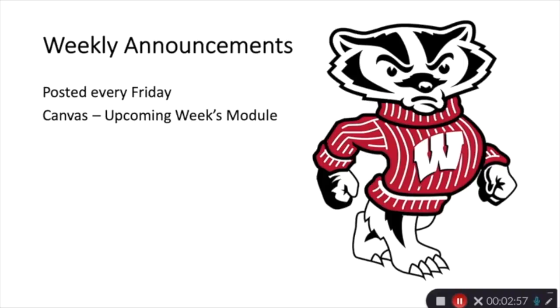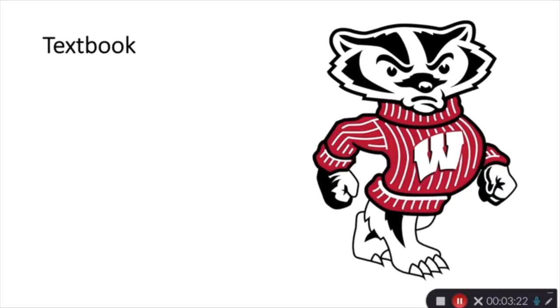You will see them posted every Friday in that upcoming week's module. Now, these weekly announcements are required reading for you to be successful in this course. There's going to be information regarding exams, the assignments, any changes to the syllabus, really anything that you should know will be in those announcements.